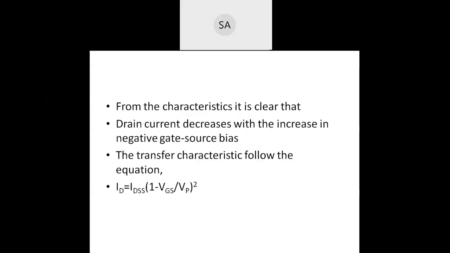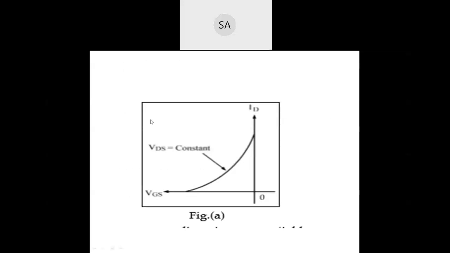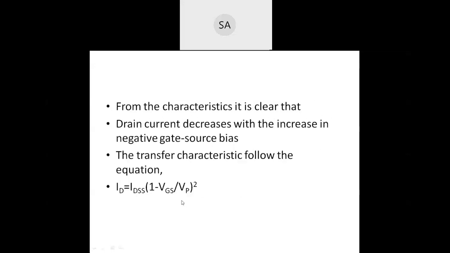From the characteristics, it is clear that the drain current decreases with increasing negative gate to source bias.